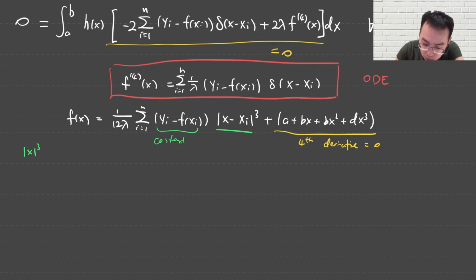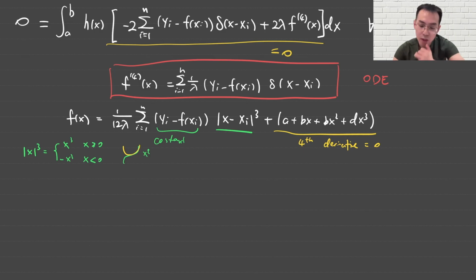So this equals x cubed when x is greater or equal to 0, then minus x cubed if x is smaller than 0. So if we were to plot this, remember this is what our normal x cubed looks like, and here we're just going to flip the negative part to the positive side. That's going to be the absolute value of x to the third.